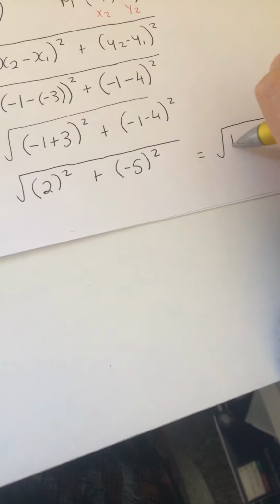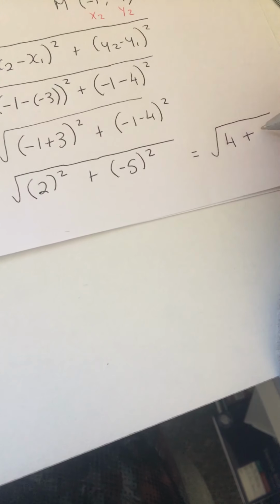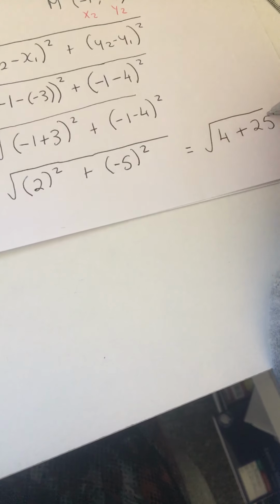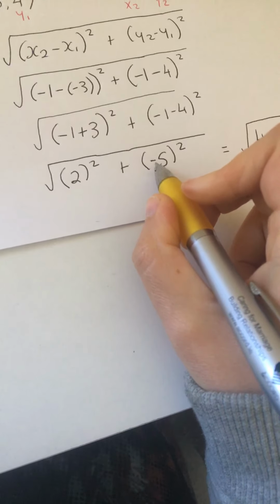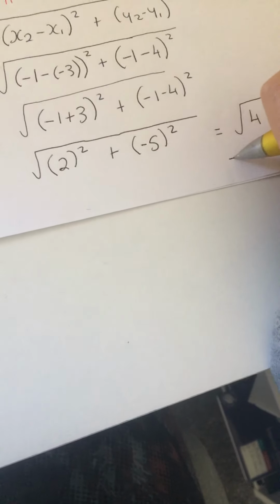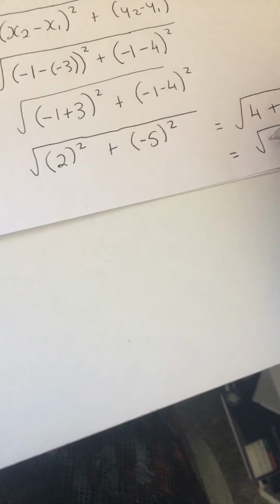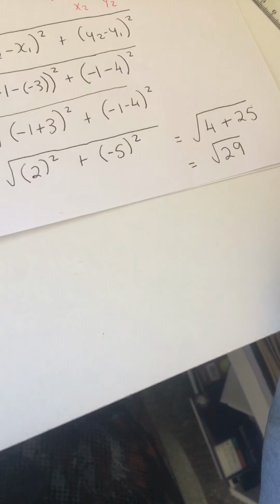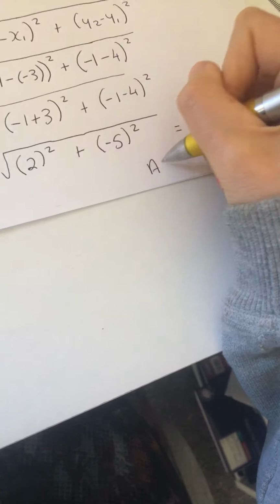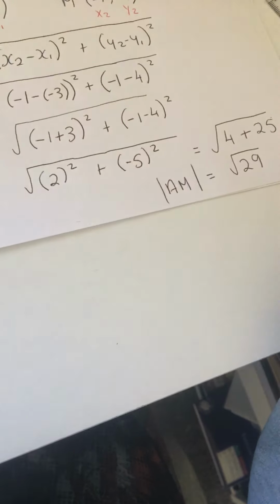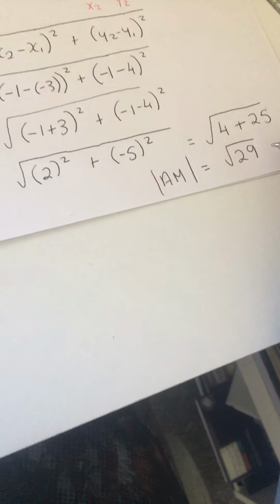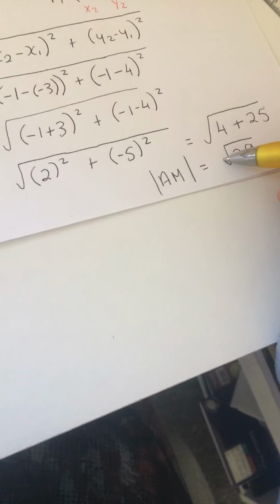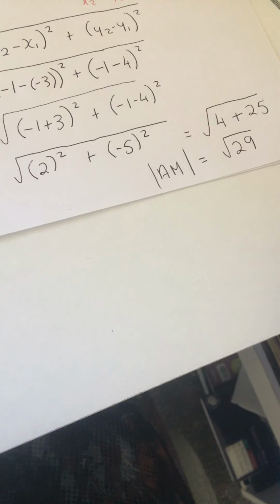So that equals 4 plus 25. Remember, any minus number squared turns into a positive. So that equals the square root of 29. So that is the distance from A to M. If you said just 29, it's wrong. The answer is the square root of 29.